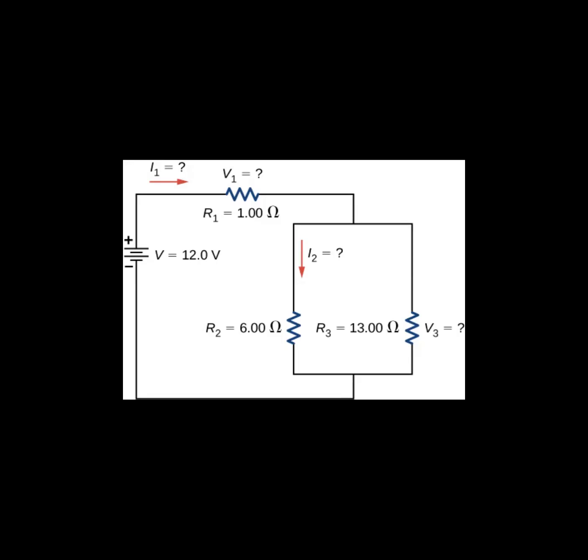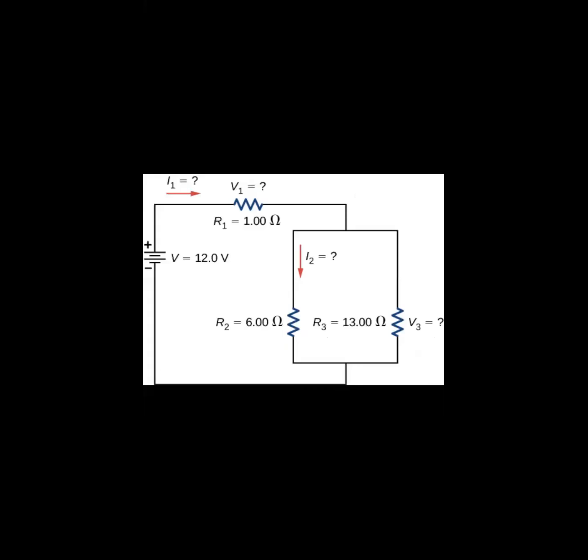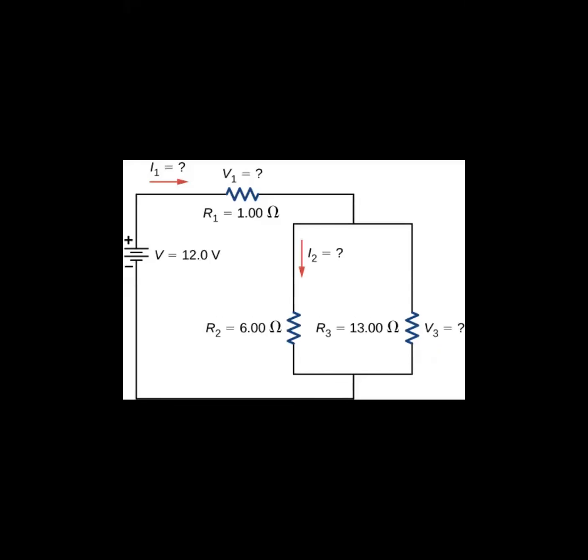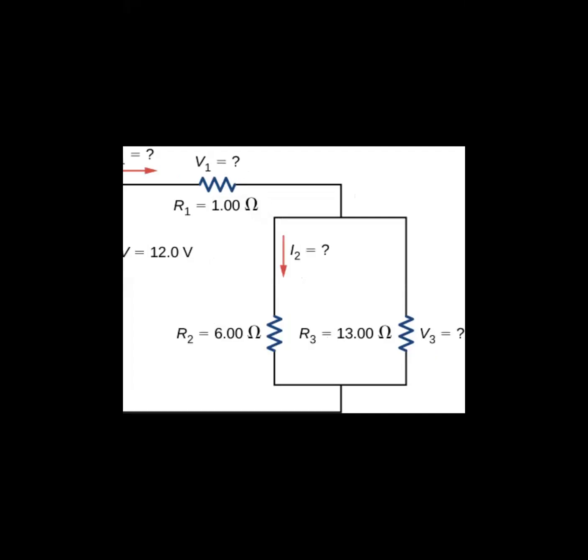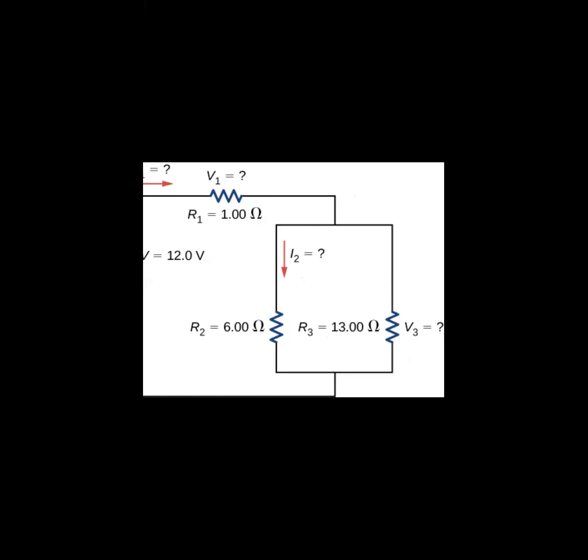Resistor 2 and 3, what kind of arrangement do they have? Are they arranged in series or in parallel?